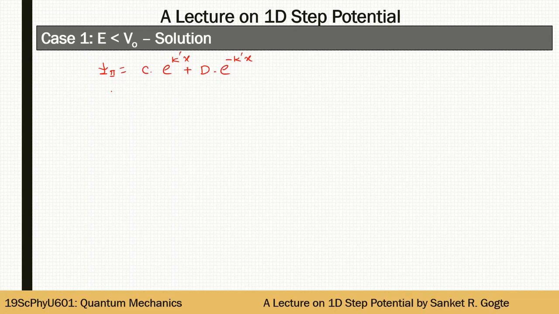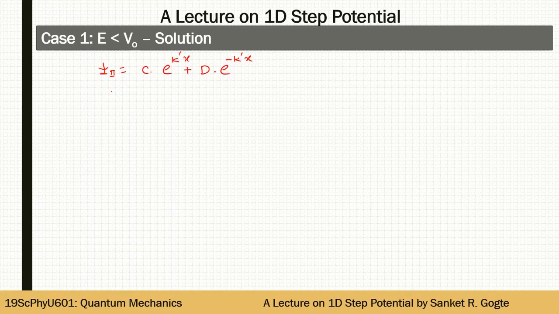Otherwise, if the wave function blows up, if it goes to infinity when x tends to infinity, it would suggest that the probability is tending to infinity, because mod psi square gives us the probability. Therefore, as x tends to infinity, a physically acceptable solution should go to 0.